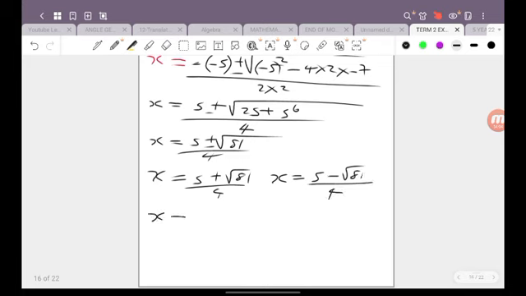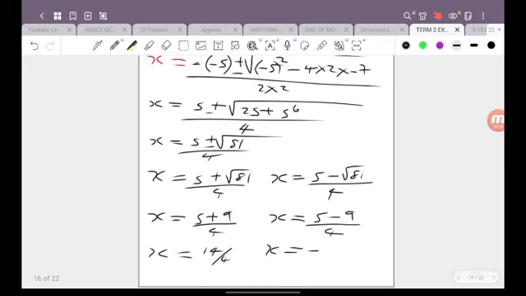All right, so x is going to work out to 5 plus 9 over 4, or x is going to be equal to 5 minus 9 over 4. Now to bring this to the end, x will be equal to 5 plus 9, that's 14 over 4, or x is going to be equal to simply here negative 4 over 4.